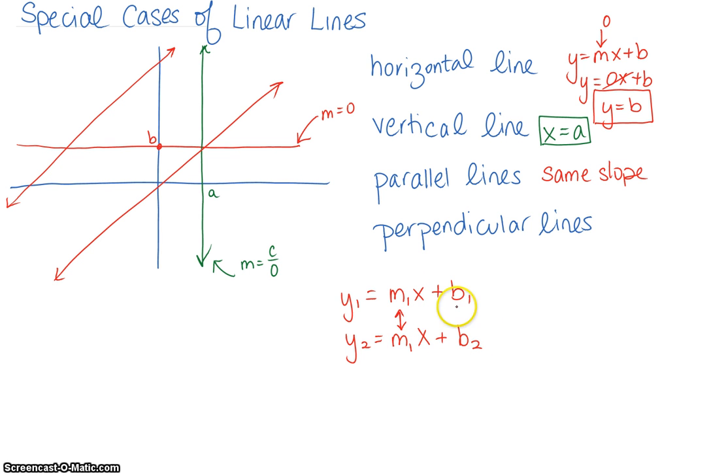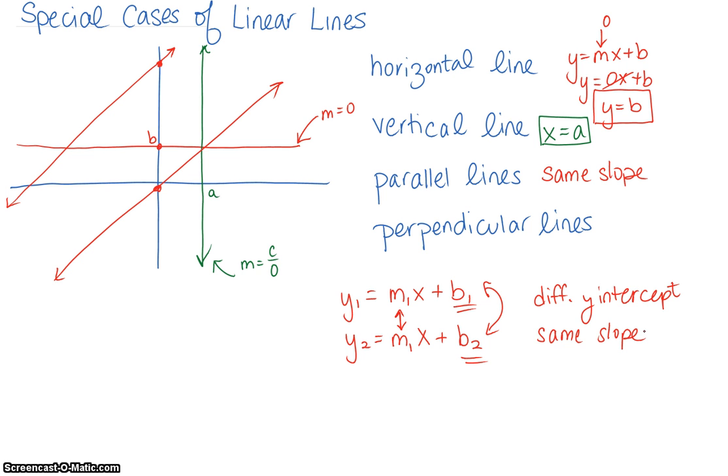The difference is your y-intercepts have to be different. This one has a y-intercept down here, this one has a y-intercept up here. So these two definitely have to have different y-intercepts, but the same slope, in order to be parallel lines. If the y-intercepts are the same, the line basically lies on top of itself. There's two lines right on top of each other. So the y-intercepts have to be different and it has to be the same slope.